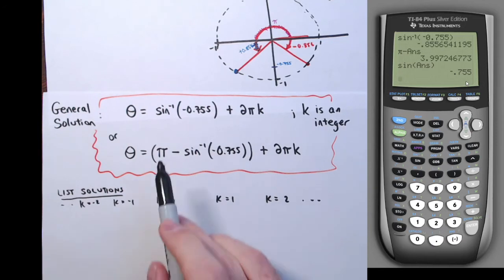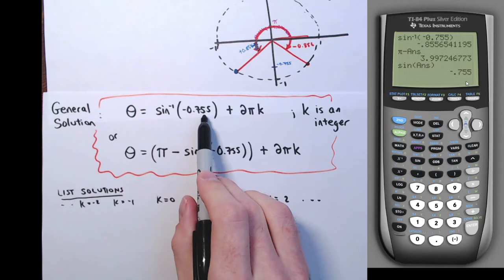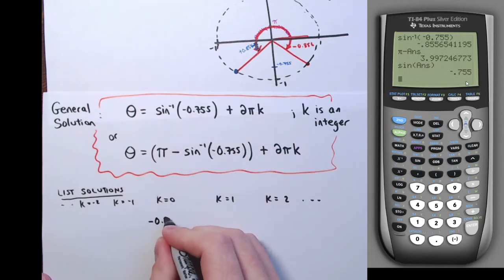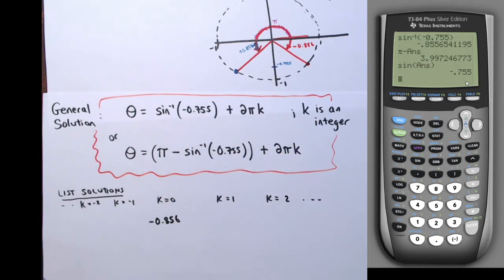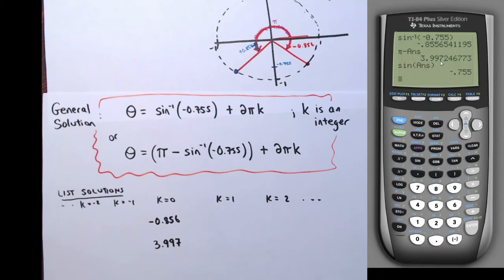The inverse sine of negative 0.755 was negative 0.856. So this is one solution rounded to 3 decimal places. And this other one we saw in my calculator already, pi minus the inverse sine of negative 0.755, the 3.997. So here's another solution to this equation rounded to 3 decimal places.